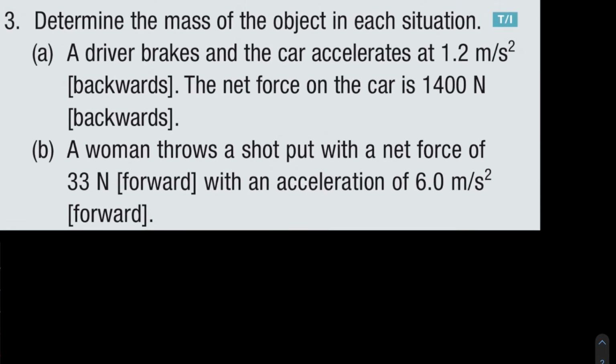Now going back to the actual question, again, they were asking us to determine the mass in each situation. And now we have a formula. So the mass equals the magnitude of the net force divided by the magnitude of acceleration.